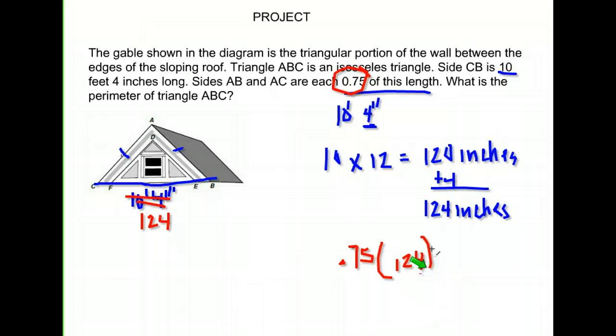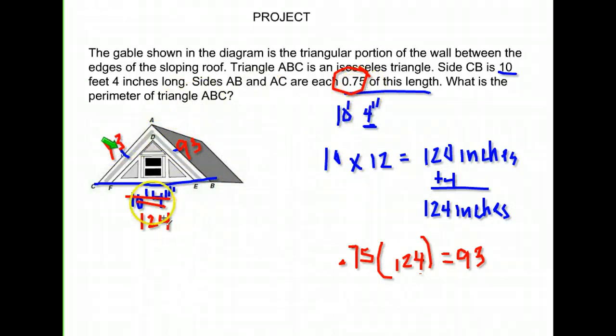So we take 0.75 times 124. Okay, are we still good? Does that make sense? So that means these sides are 93 inches and 93 inches.